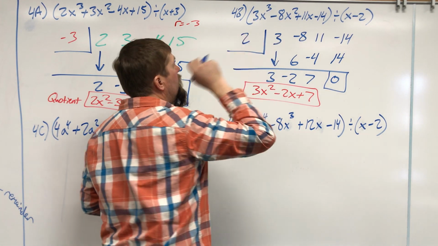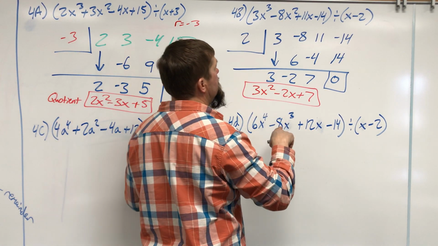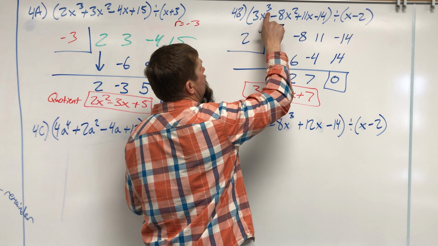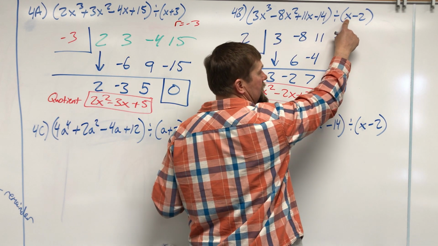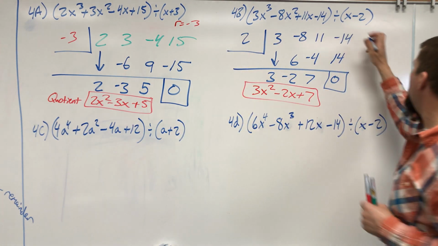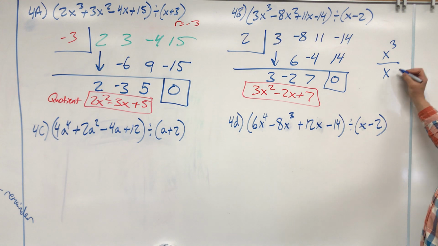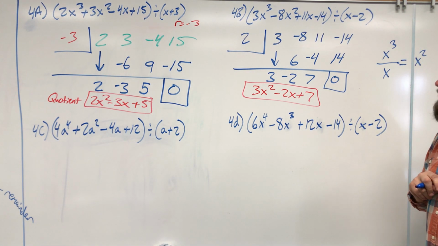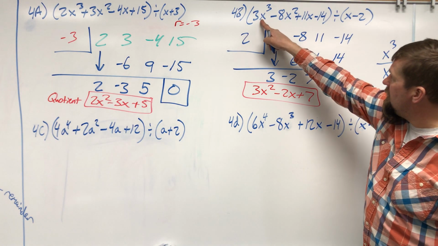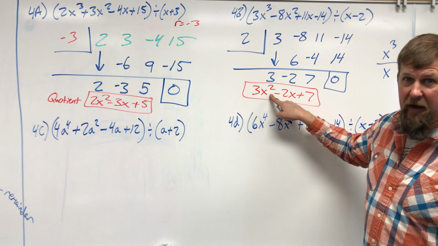Okay. The reason I noticed that is because the point I'm trying to make here is I am dividing a cubic by a linear. If I take a cubic and divide by a linear, I end up with a quadratic when I'm done. So if I'm taking a cubic and dividing by a linear, my answer should be a quadratic.